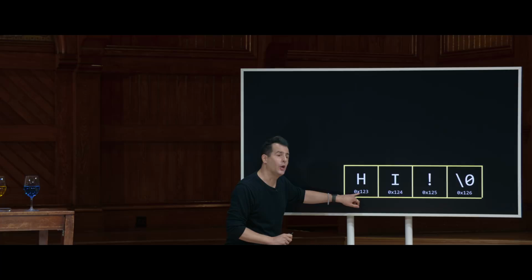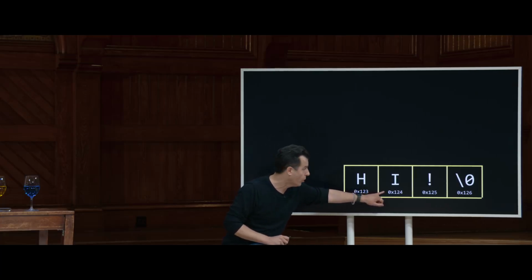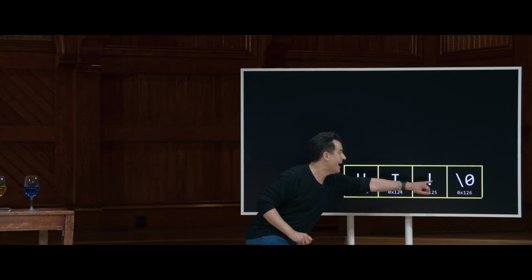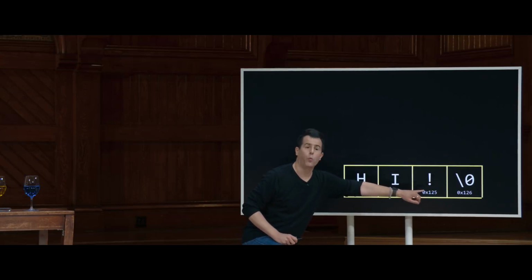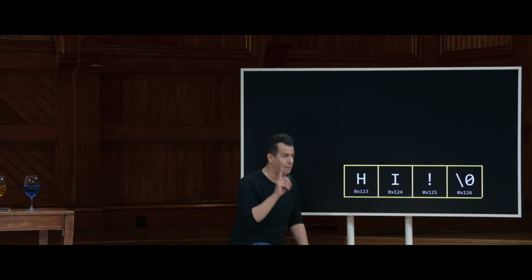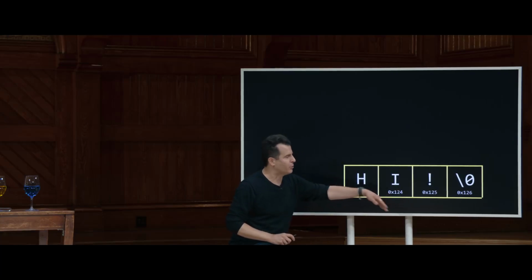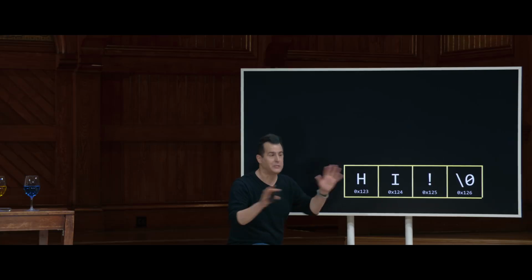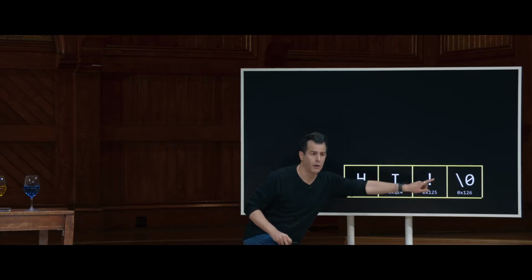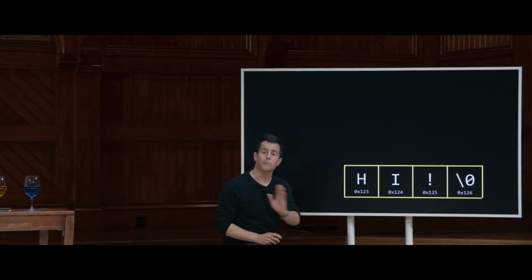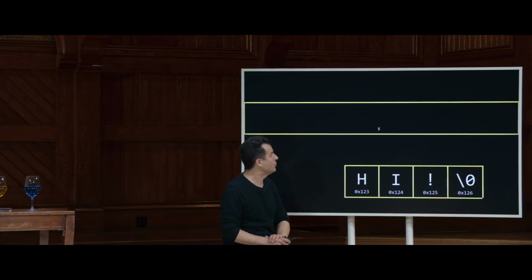So if h is at 0x123, it must be the case that i is at 0x124, the exclamation point is at 0x125, and the null character is at 0x126, because those are 1 byte apart. And I deliberately chose numbers here where whether it's decimal or hexadecimal, it doesn't matter. These differ by just 1 byte themselves. So that's what implies that they're indeed adjacent or contiguous in memory.